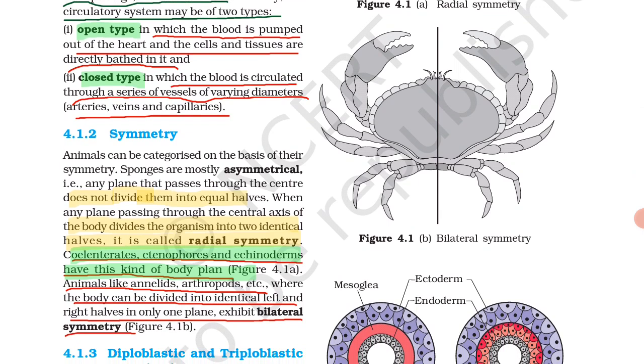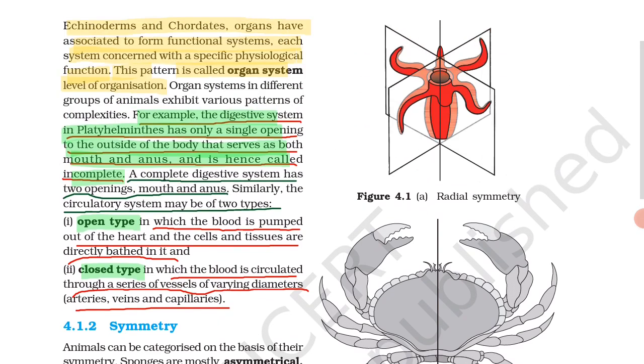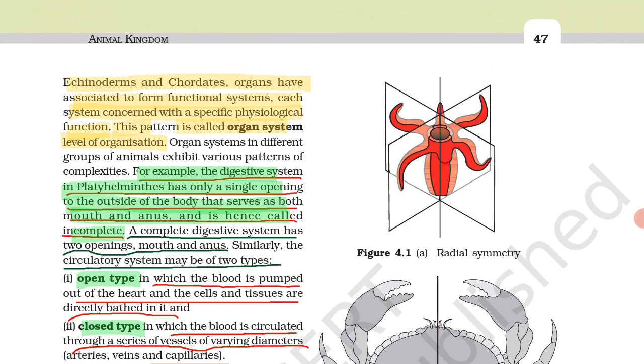Next, when any plane passing through the central axis of the body divides the organism into two identical halves, it is called radial symmetry. So we are going to learn about radial symmetry. See here, figure 4.1, radial symmetry.